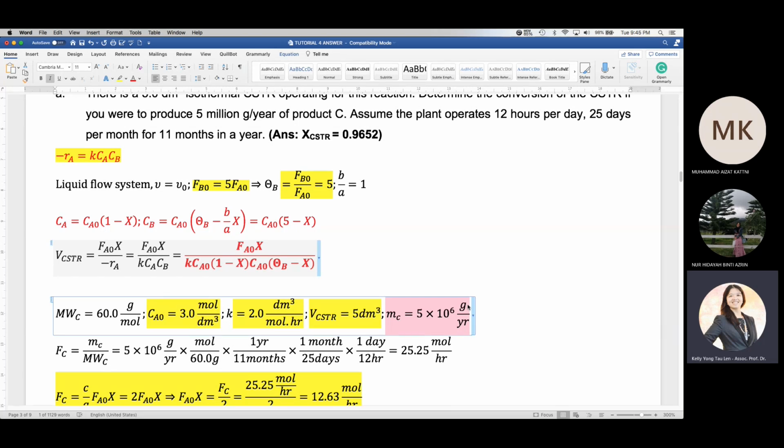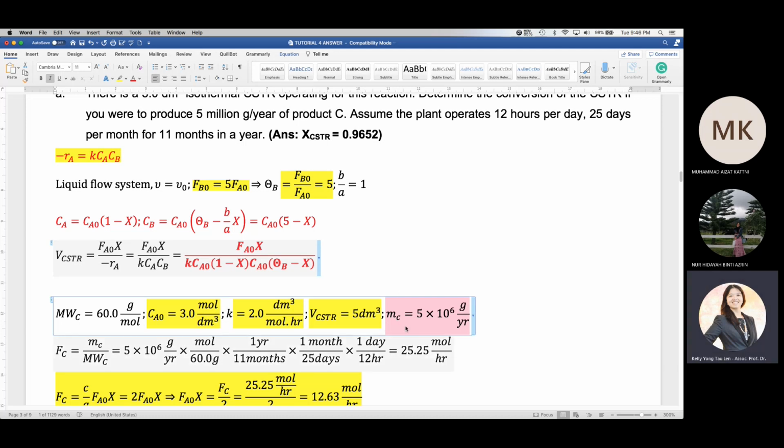So that means if I have a mass flow rate, I can convert it to molar flow rate. If grams to moles, I use molecular weight. Mass to mole, sorry. So for mass flow rate to molar flow rate, I can still use molecular weight.